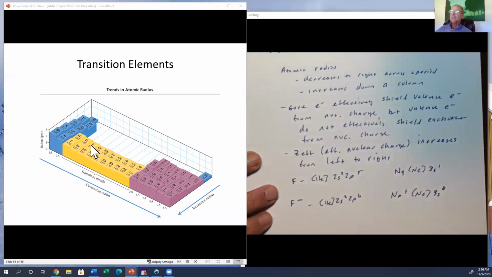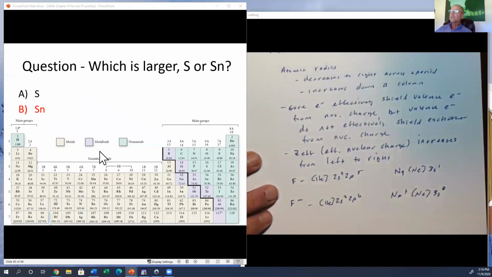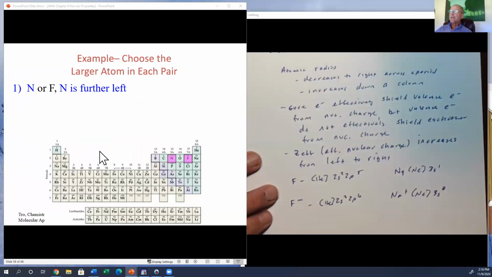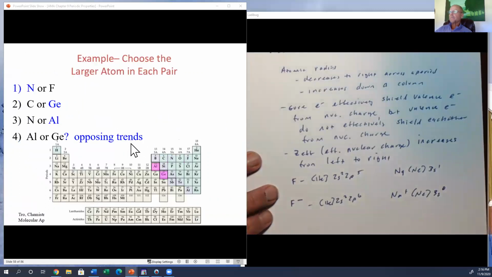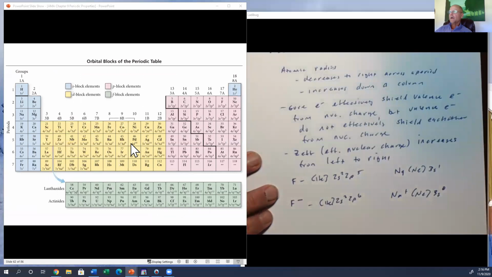It's just because as you go across here, you're filling the 3d orbital, where in fact it's the 4. So for the transition elements, instead of putting more electrons out here and increasing the nuclear charge, you're increasing the nuclear charge and putting more electrons in here. So the effective nuclear charge doesn't really change that much. Does that make sense? Okay.